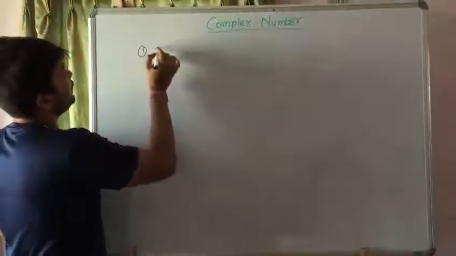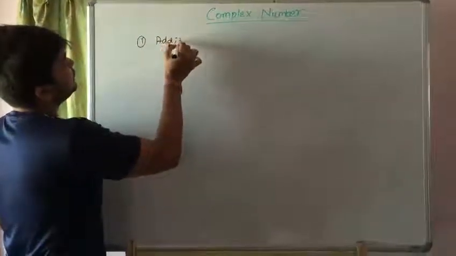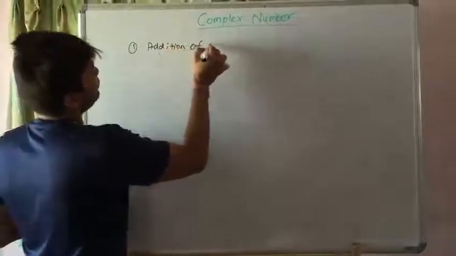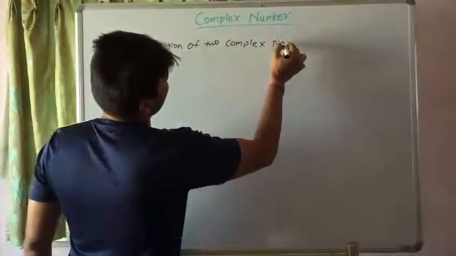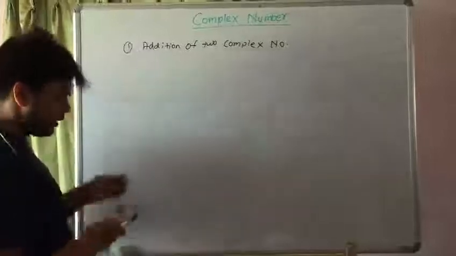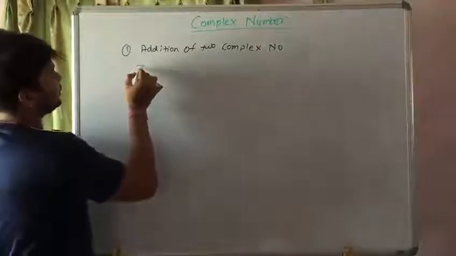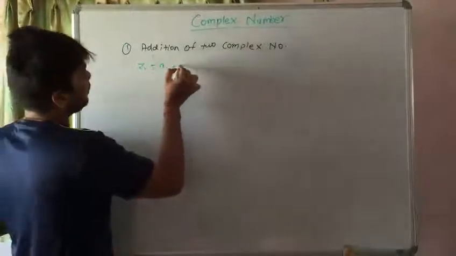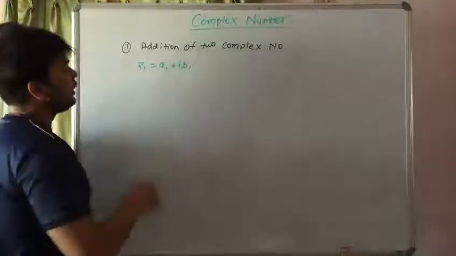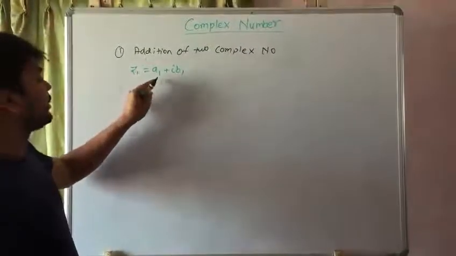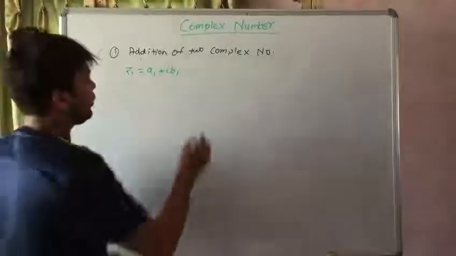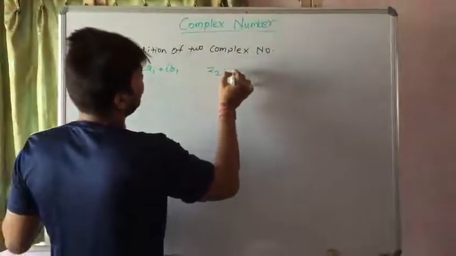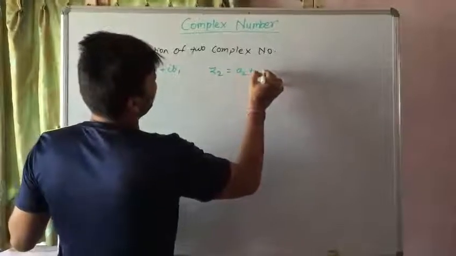Okay, the first one is addition of two complex numbers. Suppose I have two complex numbers, z1 equal to a1 plus ib1. As I said, a complex number can be represented by a plus ib. So z1 equals a1 plus ib1, and the second complex number is z2 equal to a2 plus ib2.